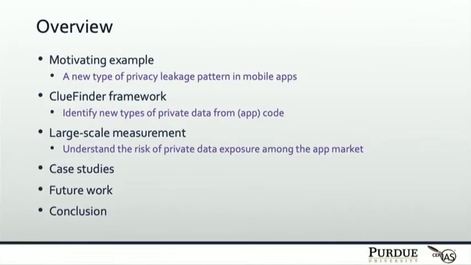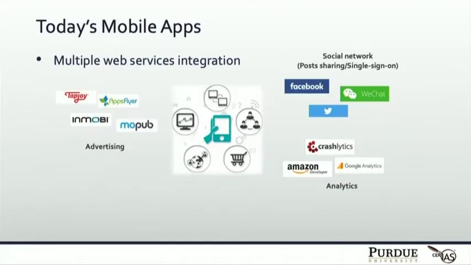And then I will introduce the ClueFinder framework, which is used for identifying new types of private data from the mobile app code. With this framework, I will show a large-scale measurement which enables us to better understand the scale and the risks of private data exposure at the app market level. And I will also show a set of interesting case studies about how and why such privacy leakage happened. And lastly, I will discuss some future work following this line of research and conclude this talk.